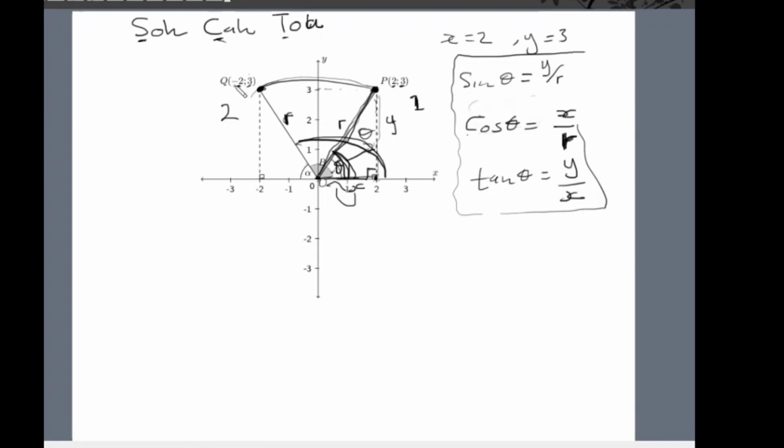So in this case, second quadrant, y is still the same, but x is now negative, right? I hope that makes sense.